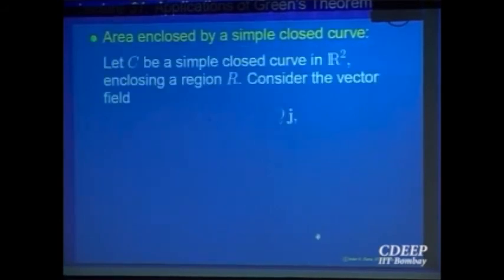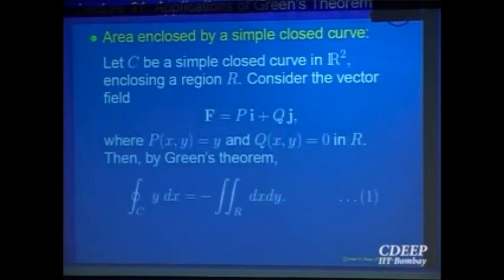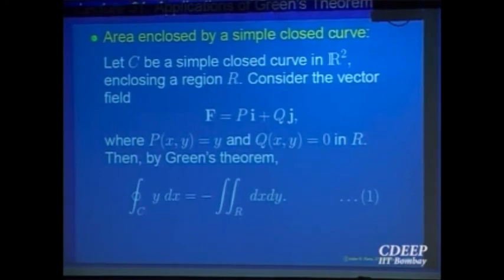Okay, that is one computational aspect of it. There is another geometric interpretation of this. The line integral of P dx is equal to the double integral, right? But suppose the integrand on the right hand side double integral, I make it 1. In Green's theorem, the right hand side is a double integral over the region R of something dx dy. If that something becomes the constant function 1, the double integral is the area.